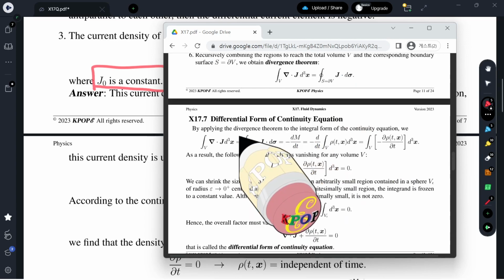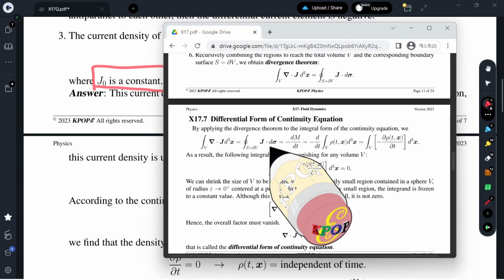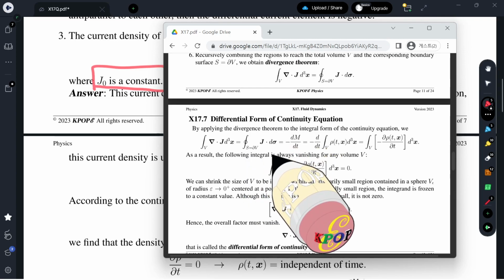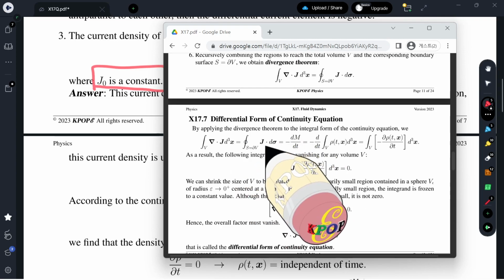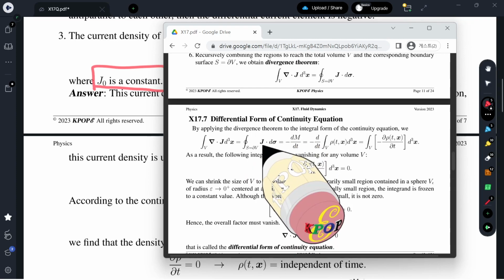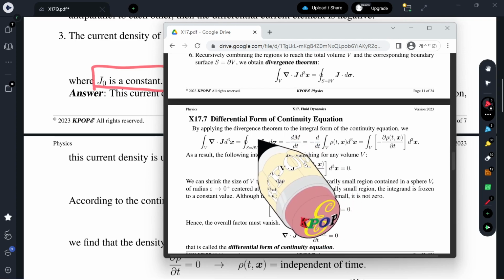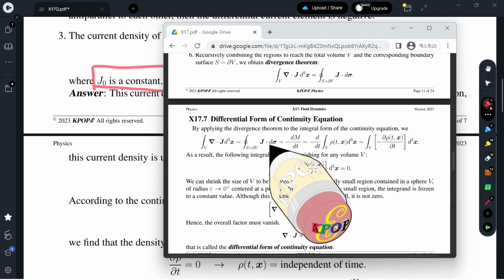And then, if you make use of the fact that current density multiplied by the surface element vector is just mass per unit time passing through the surface, if the surface is closed and the current is positive, then the volume contains some mass that depends on time, and the mass decreases because the mass flows out as time goes by.